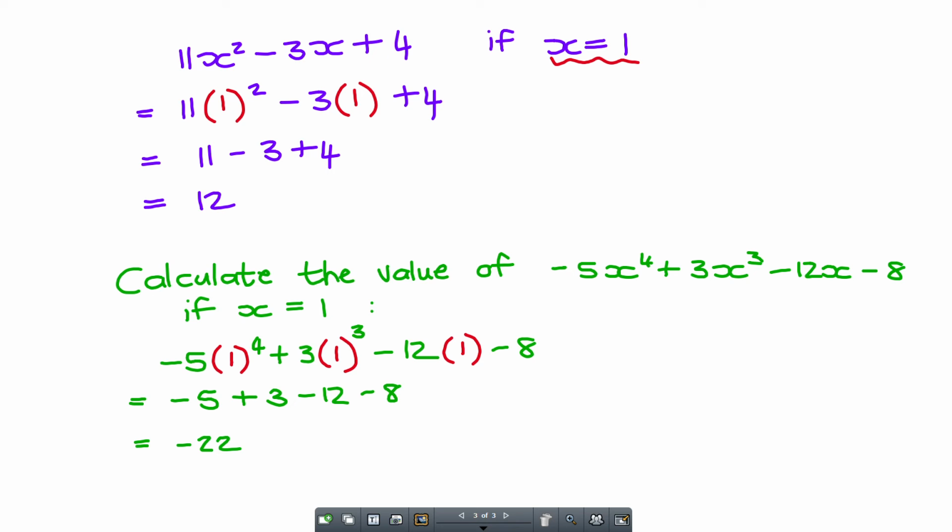Okay, right. Now, if I were to give you the following expression: minus 5x to the power 4 plus 3x squared minus 12x, so the one that we just had, minus 8.